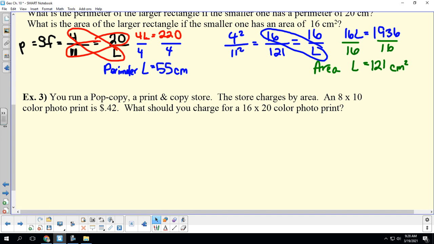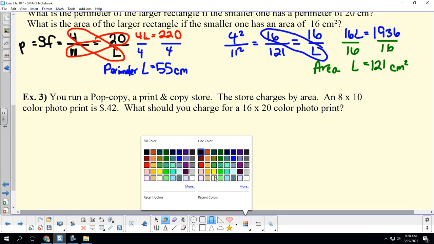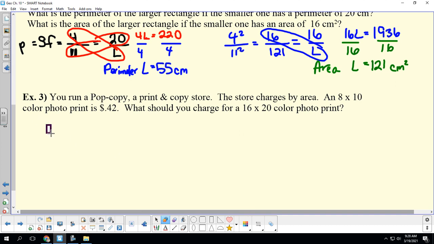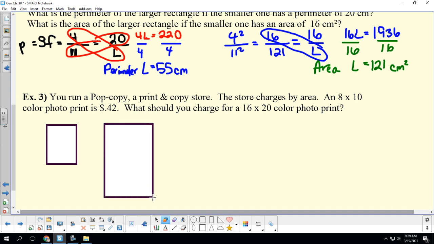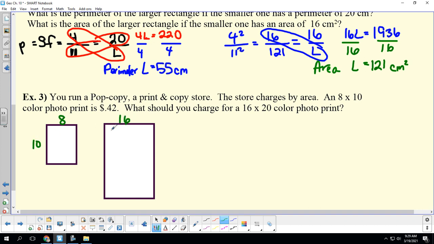So just so we can get our brains around it, anytime we can have a little photo, that's a good thing. So let's get a little rectangle out here. We'll make it purple. So this will be the 8 by 10, and this will be the 16 by 20. So let's find the scale factor.